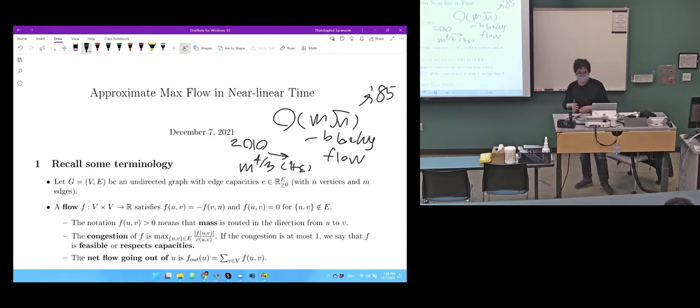Given that this natural barrier of 1.5 is broken, people have tried.